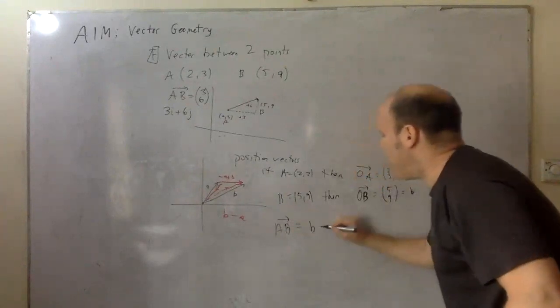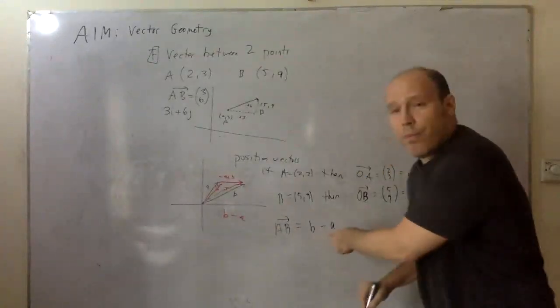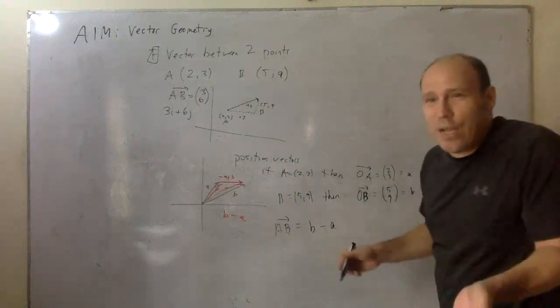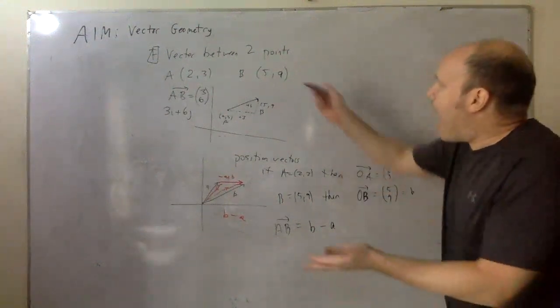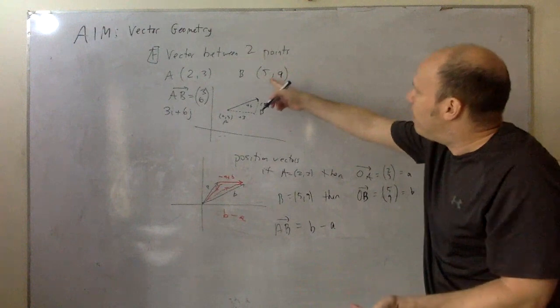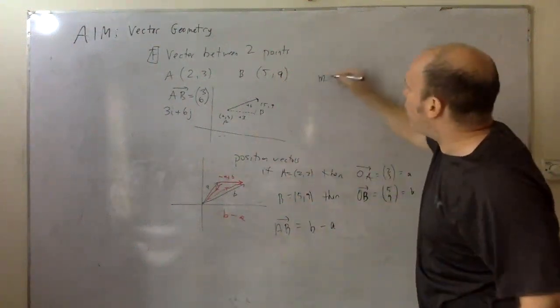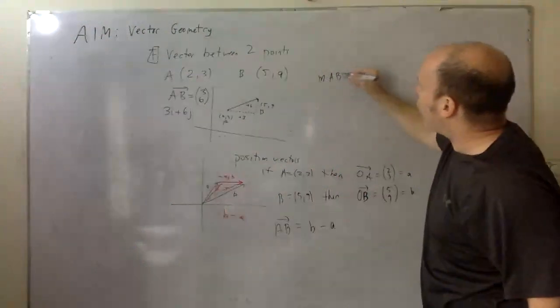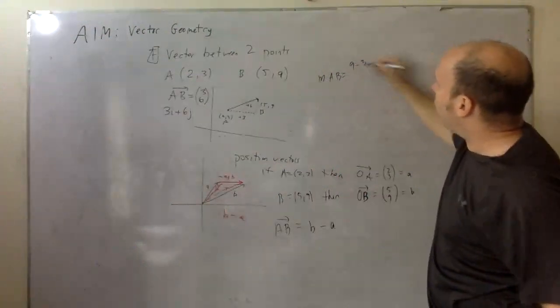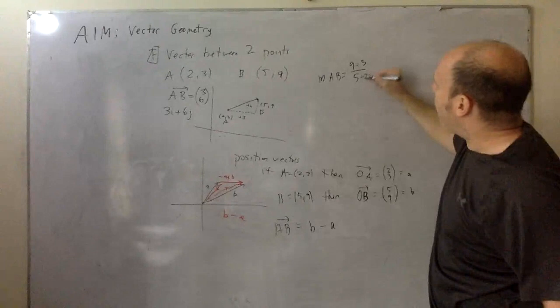is actually B minus A, and that makes sense from a distance point of view, because that's how we find the distance. Or if we go back, how do we find the slope of AB? We take 9 minus 3 over 5 minus 2.